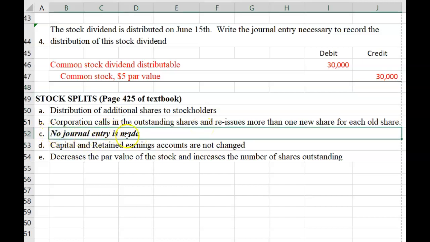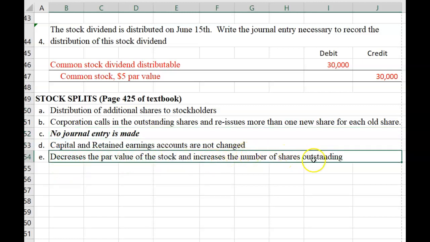No journal entry is made for a stock split. The capital and retained earnings accounts are not changed. It decreases the par value of the stock and increases the number of shares outstanding.